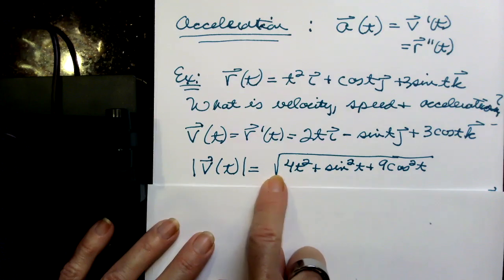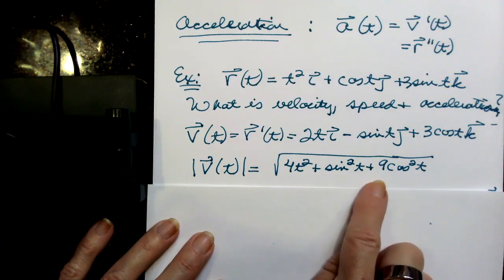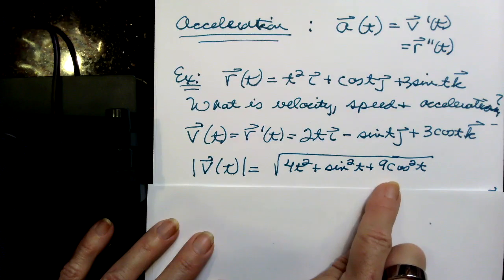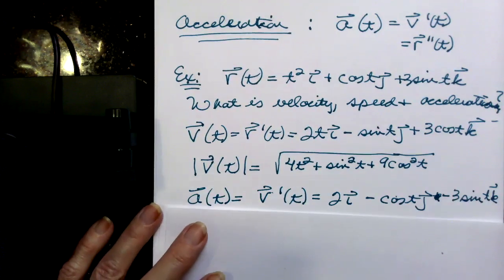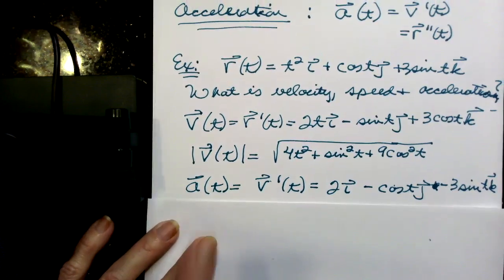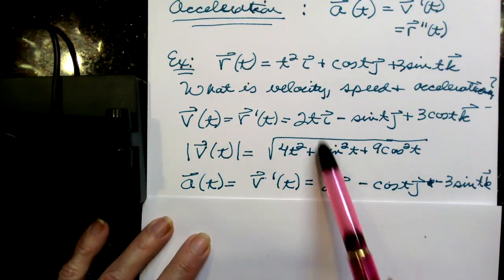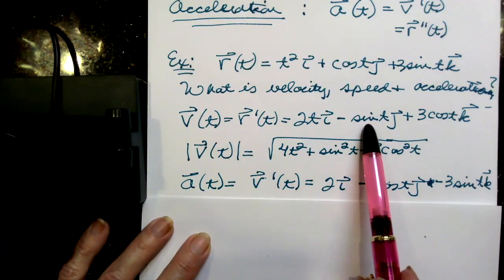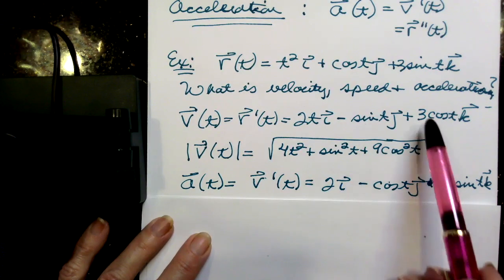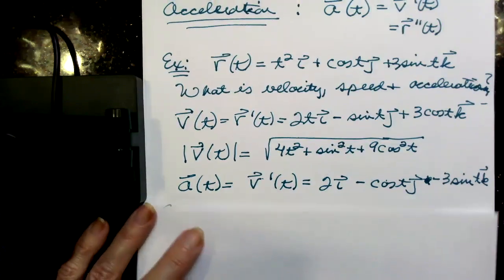So that'll be the square root of 4t squared plus sine squared t plus 9 cosine squared t. And if you want the acceleration, you just take the derivative of the velocity. So that will be 2i minus cosine t j minus 3 sine t k. And that's all there is to that one.